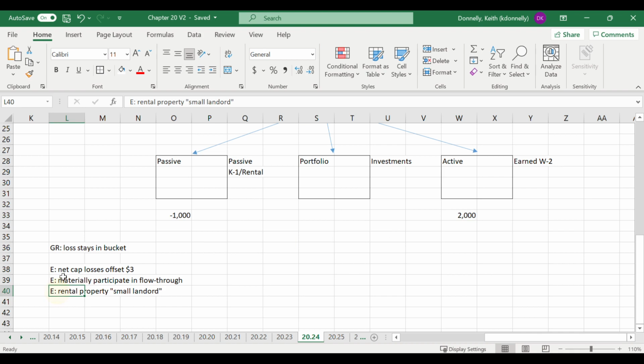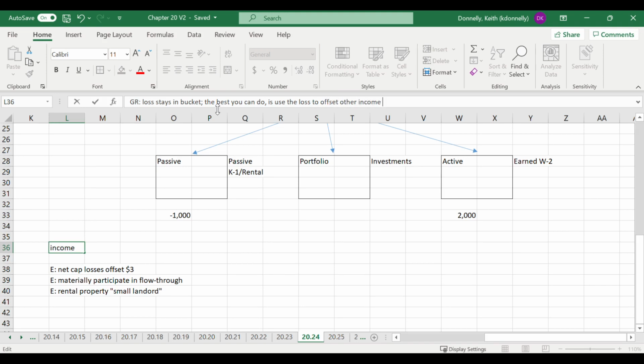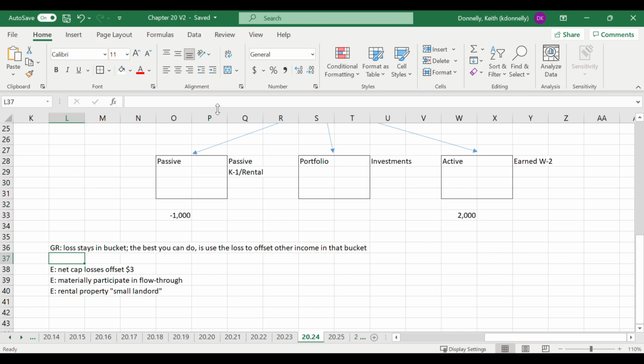But don't worry about this for the exam. These are just showing you some of the weird nuances with it. The general rule, what we're focusing on, is the loss stays in the bucket. You can't cross them over. And then the best you can do is use the loss to offset other income in that bucket.